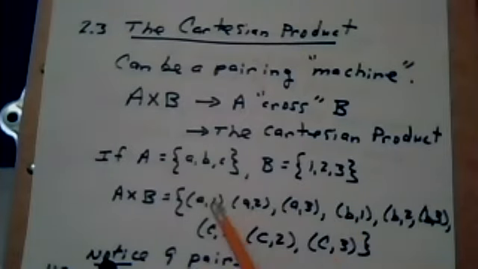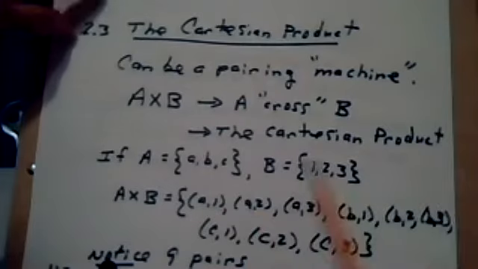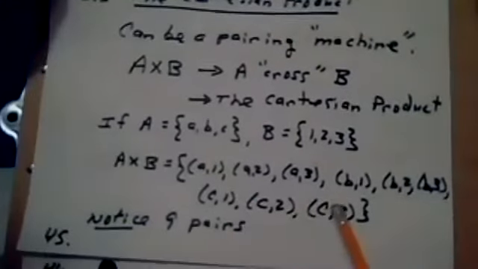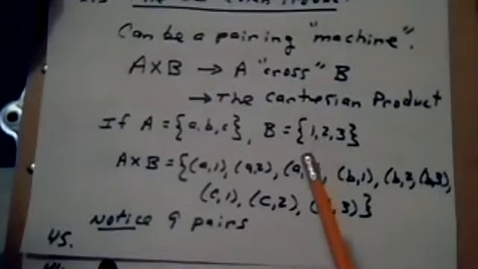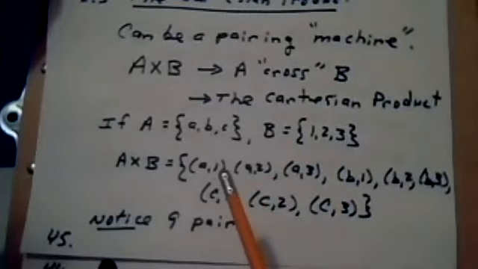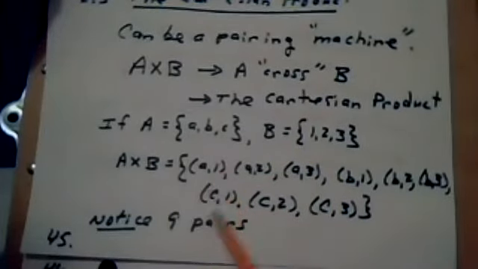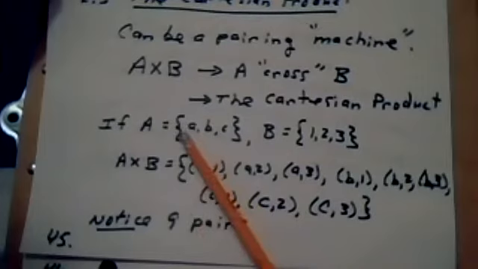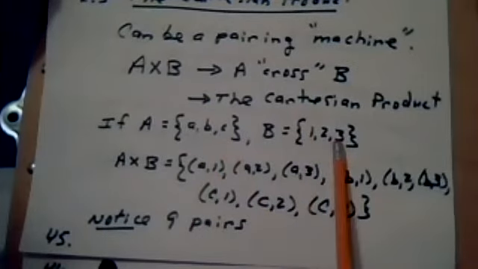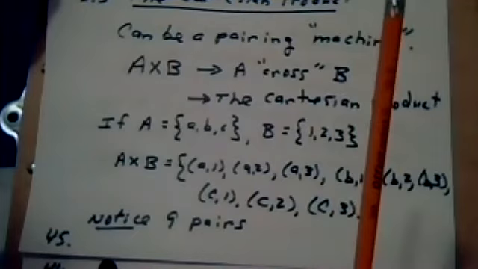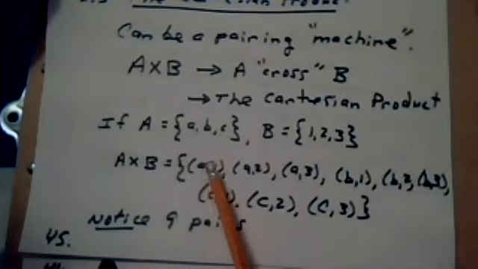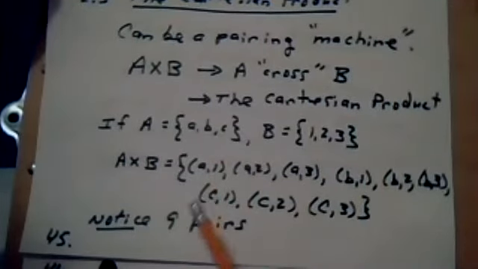How many are there? 1, 2, 3, 4, 5, 6, 7, 8, 9. So that's where we get the product part, because you could know ahead of time how many pairs you should have. There's 3 members in this set, 3 members in this set, so I should have 3 times 3, 9 pairs. After I'm done pairing, I should expect 9 pairs.